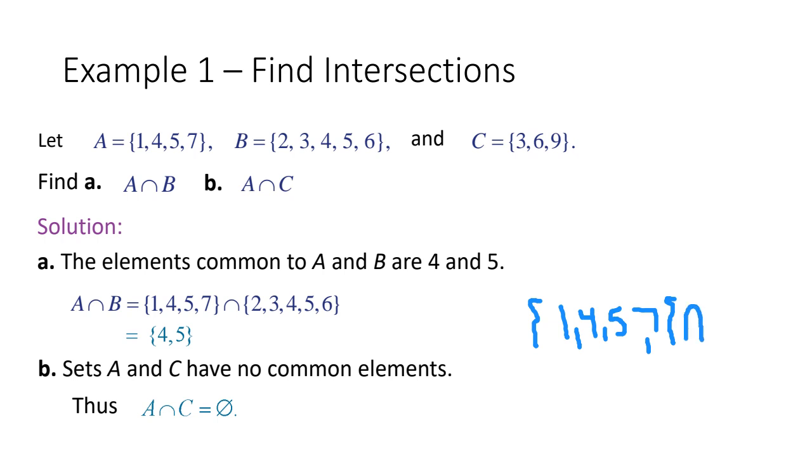And then C is 3, 6, and 9. Okay, so this is your C, and this is your A. You want to ask yourself what elements are common to this set and this set, which belong to both. We can see here that there's nothing in common. And so we use our symbol for the empty set.